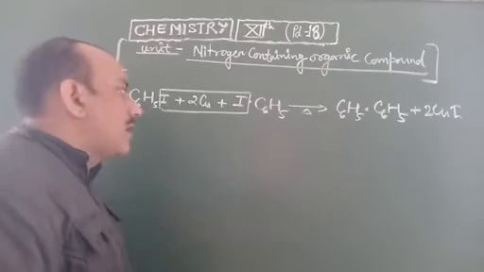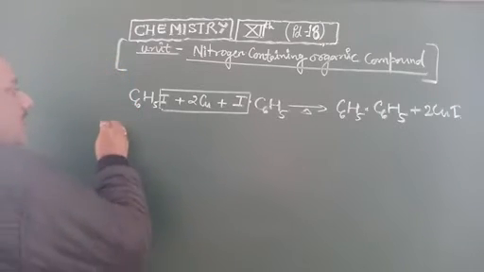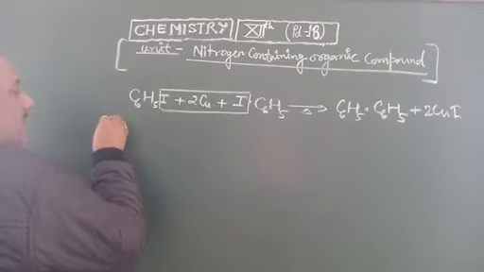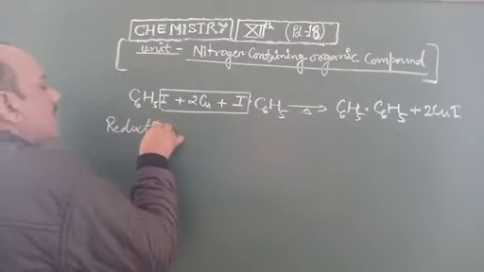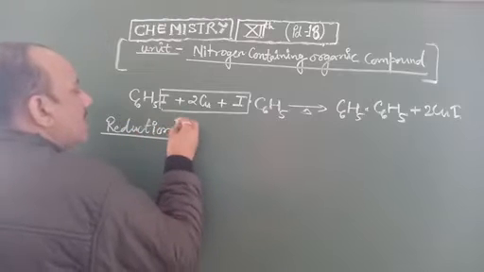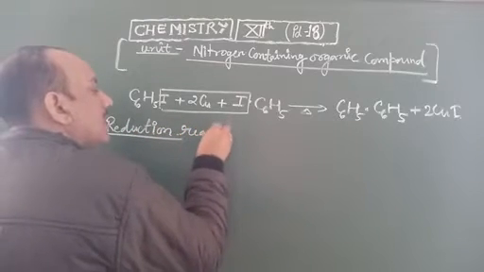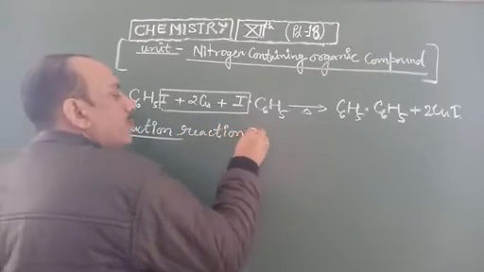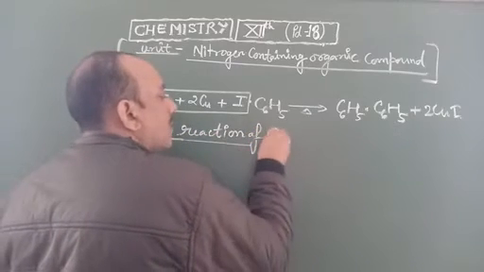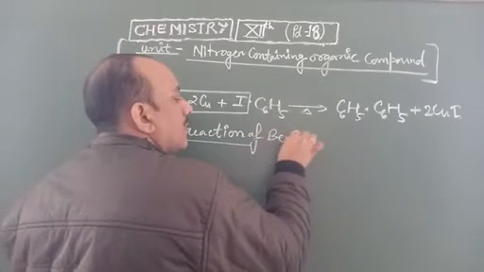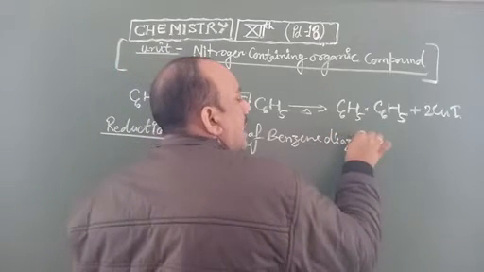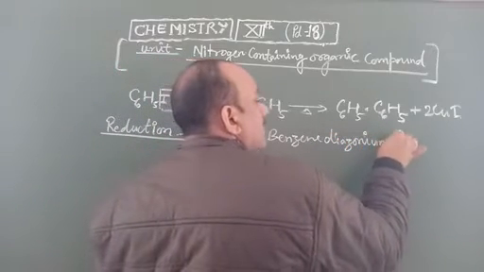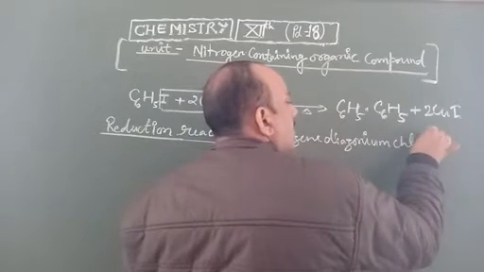Now the next chemical reaction is the reduction reaction of benzene diazonium chloride.